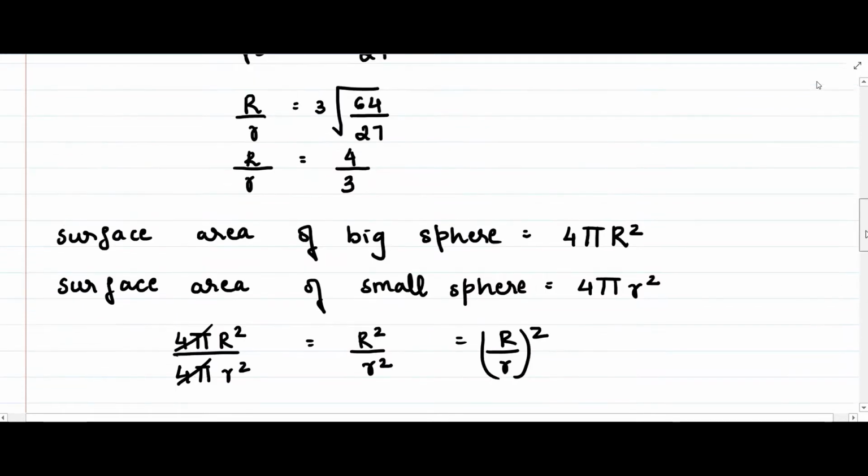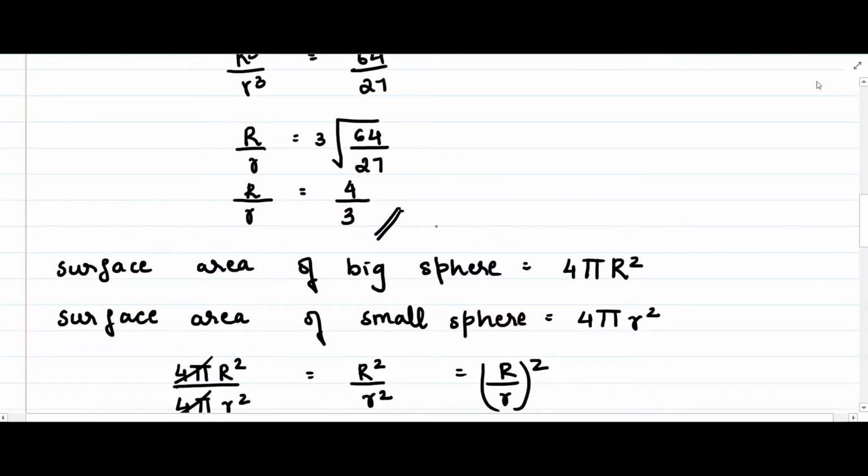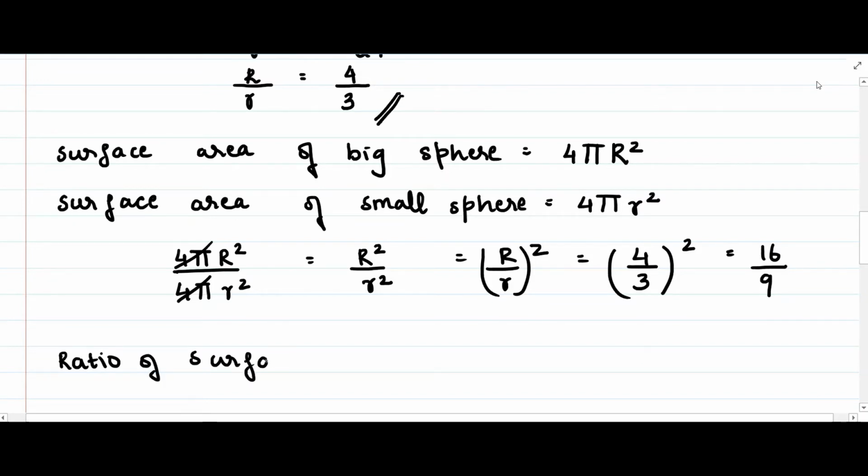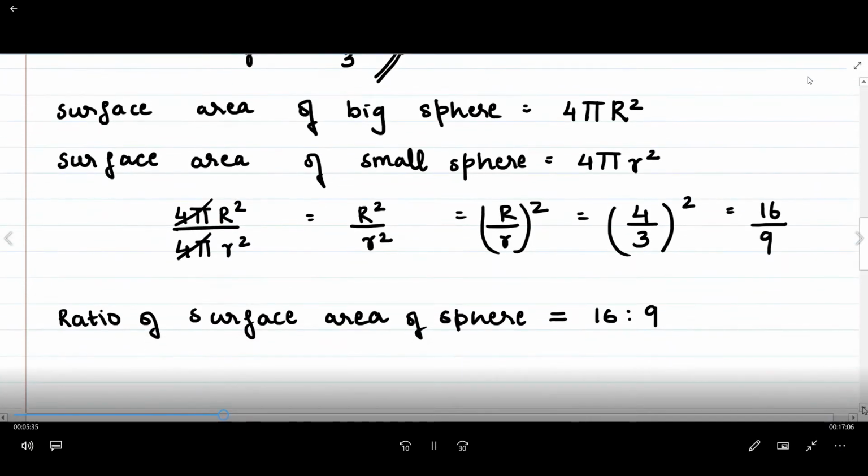So we will now substitute the R by r formula from the previous step. 4 by 3, the whole square. So this is 16 by 9. The answer is 16 is to 9. Okay.